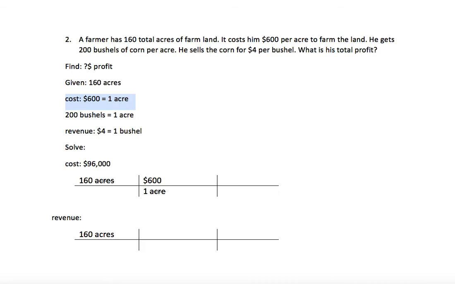So now we've got 1 acre is 200 bushels. And then we've got 1 bushel is $4. And so similarly, we can go through and calculate 160 times 200 times 4, and that gives us a revenue of $128,000.